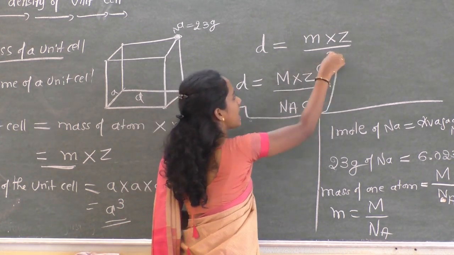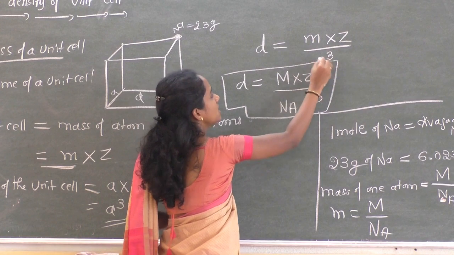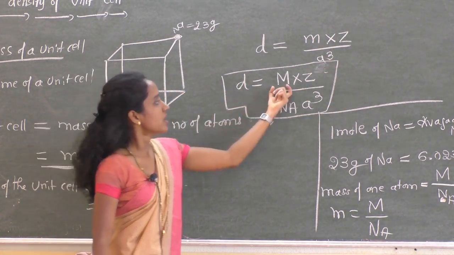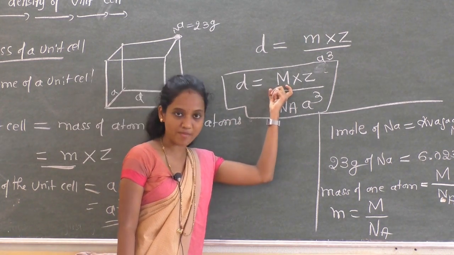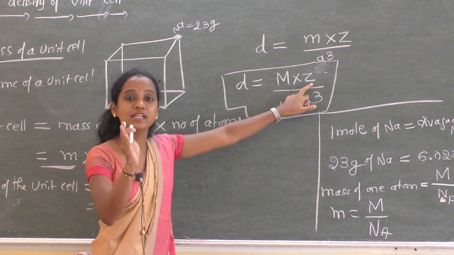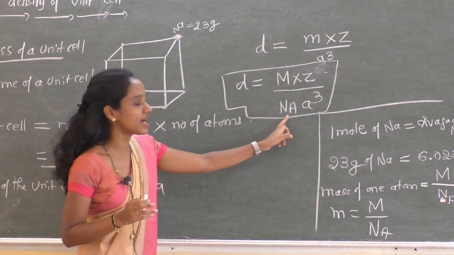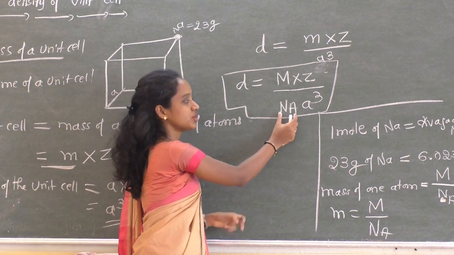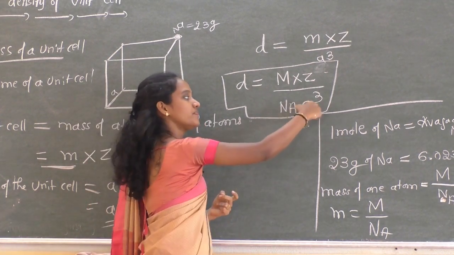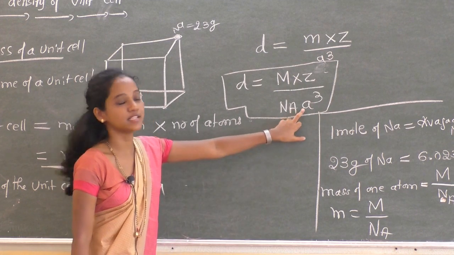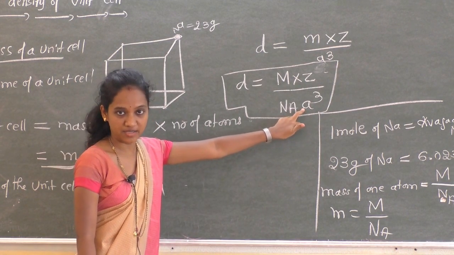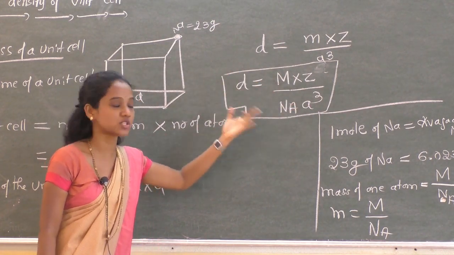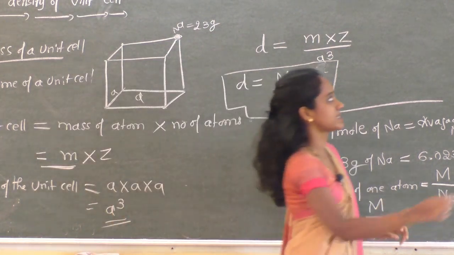Important formula to calculate the density of a unit cell, which is given by d is equal to capital M, where M is molar mass, Z is the number of atoms present per unit cell, divided by Avogadro's number Na, that is 6.023 into 10 to the power 23, multiplied by a cube, where a is the edge length. Clear? So based on this formula, we have number of problems to solve. I'll give one example.